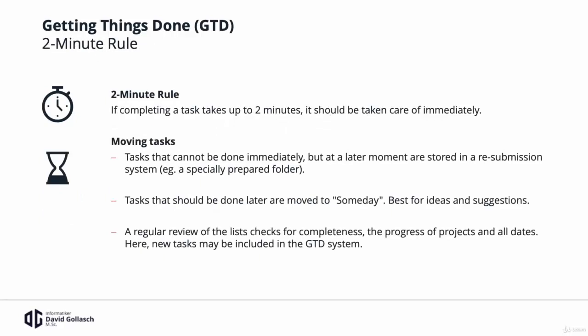There's one important rule to obey within the Getting Things Done system. As the Getting Things Done system is a workflow, a process where a task goes through several steps, from the identification and collection of these tasks, to processing these tasks, asking questions about them, identifying them as actions or appointments, etc. This is something that takes a bit of time.